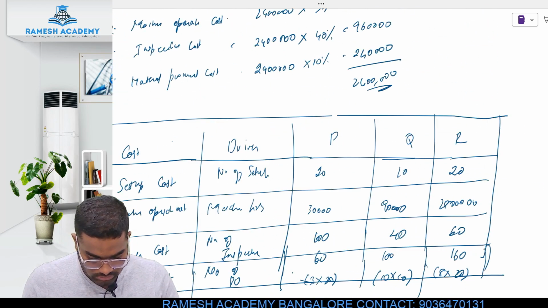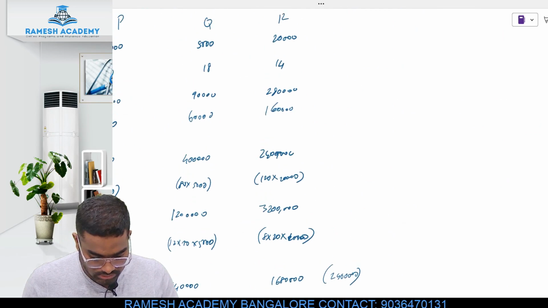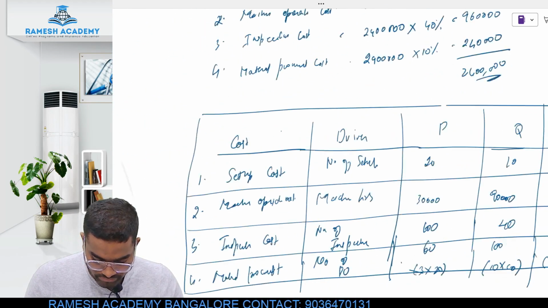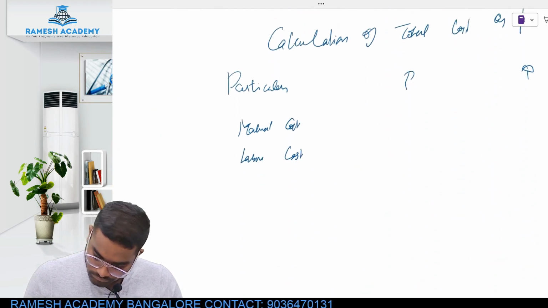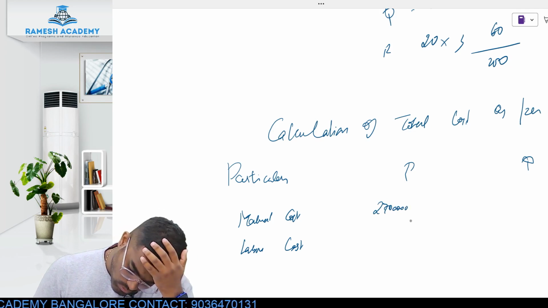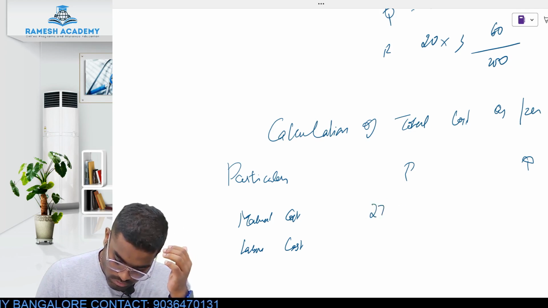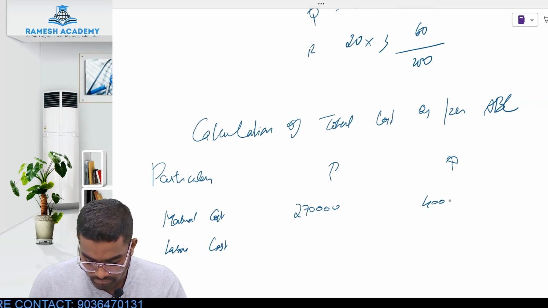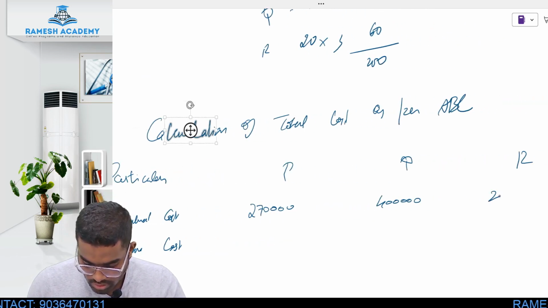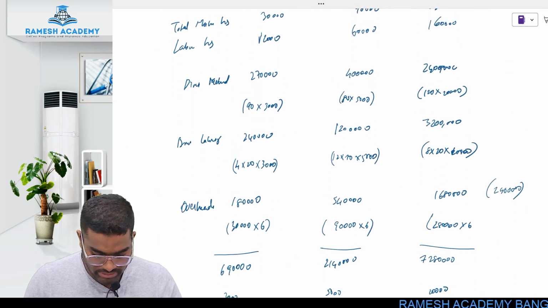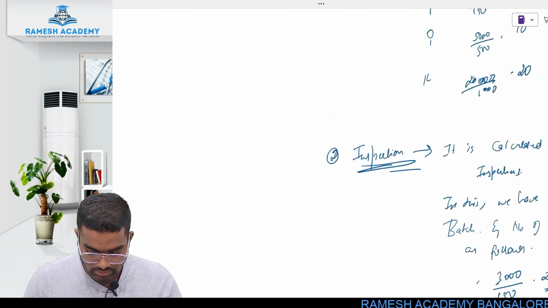Material is 270, 4 lakh and 24 lakh. Next we have labor: 2 lakh 40, 2 lakh and 32 lakh.